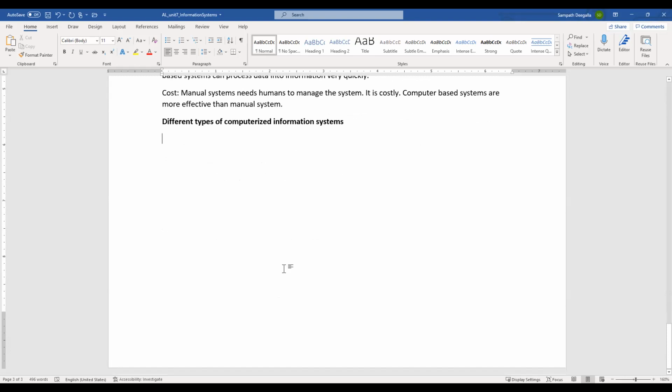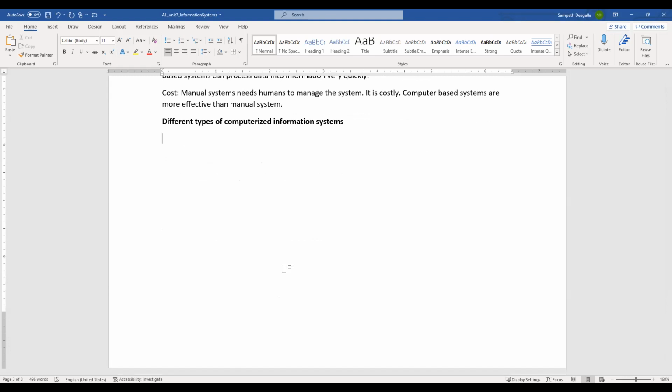So in this particular case, we are going to look at some information systems like office automation. You know that we have emails, we have chatting facilities, we have conference systems, right? And then graphic editing systems.